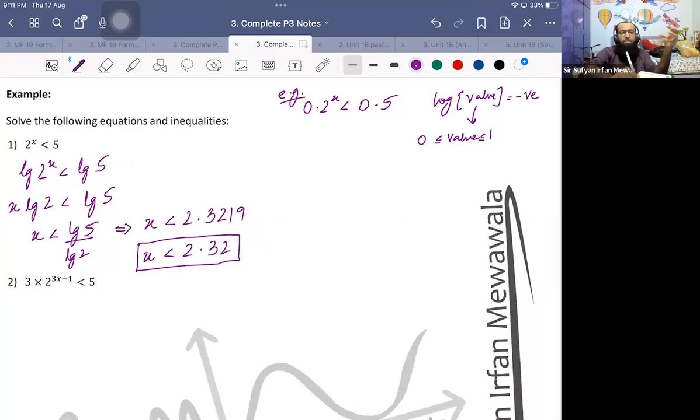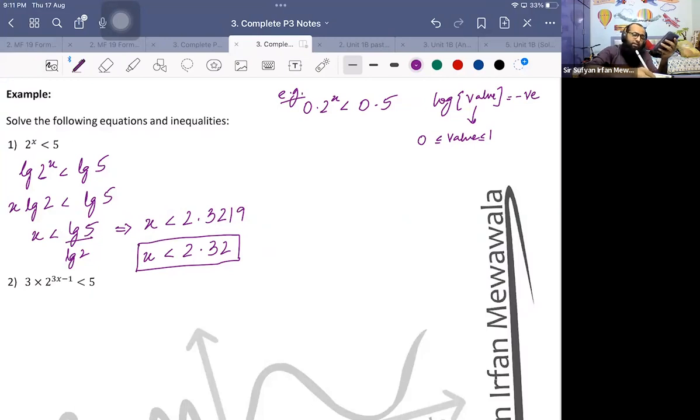But if log is applied on a value and that value lies between 0 and 1, then the answer of that log will be negative. Just check it out. If you try to find log 0.5 or ln 0.5, you'll get a negative number. ln 0.5 is minus 0.69314718006. So log applied on a value lying between 0 and 1, the answer will be negative.